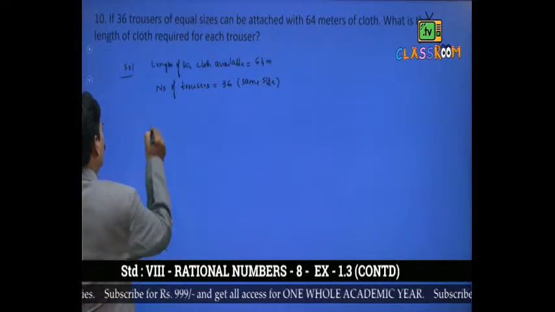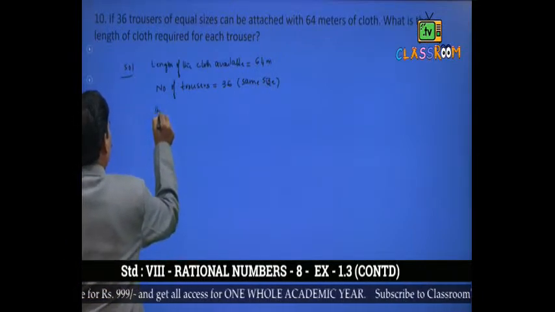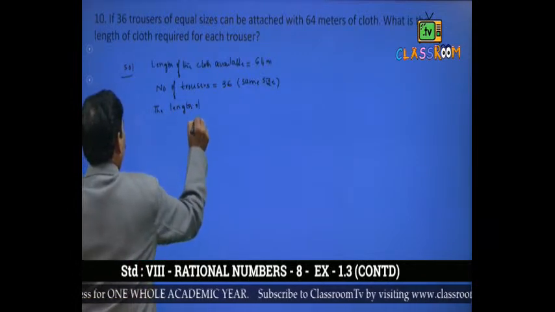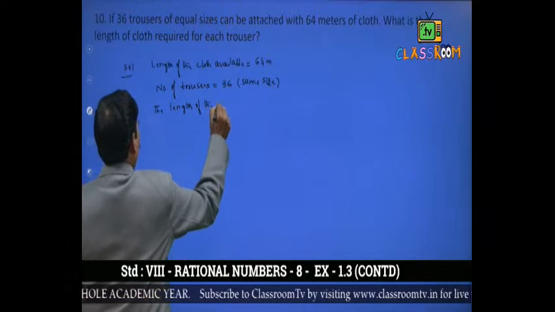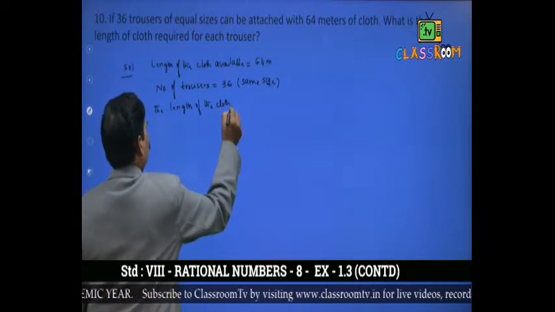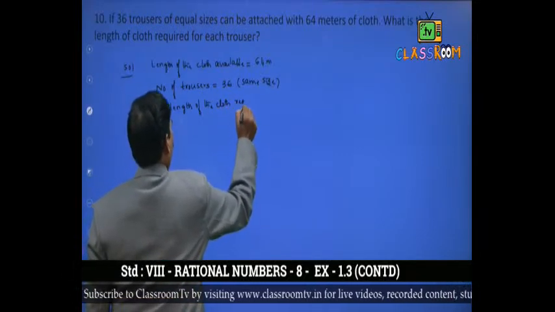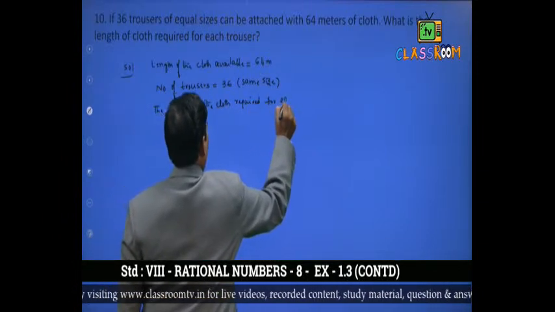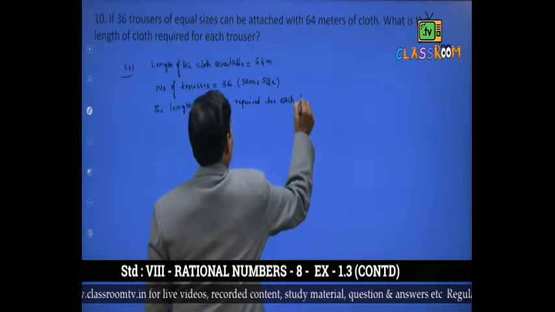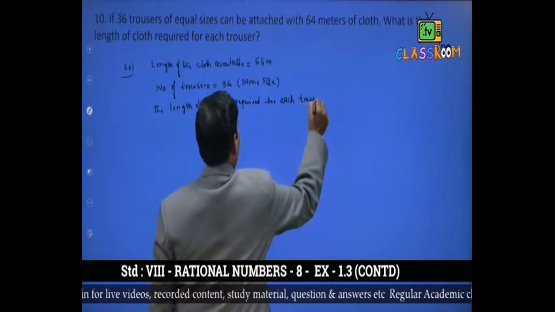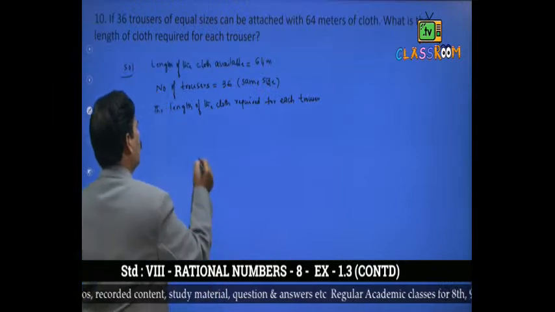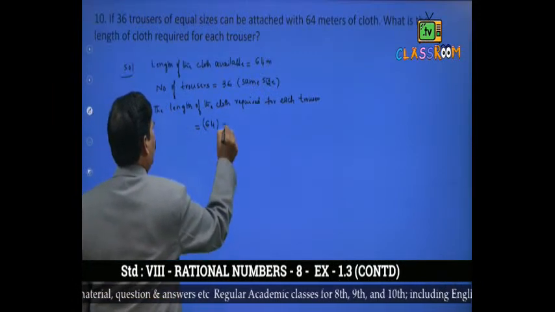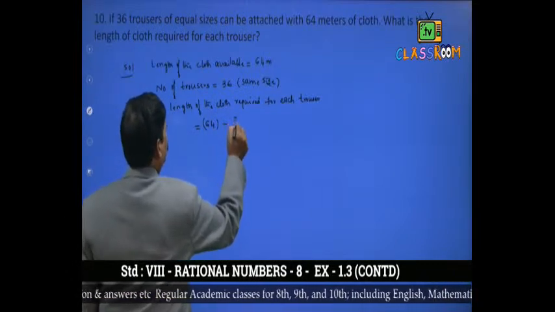So therefore the length of the cloth required for each trouser will be 64 divided by 36.